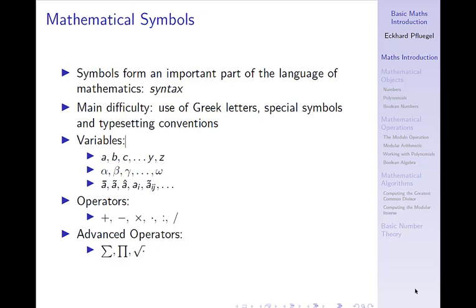And I think that the main problem is that not only do we use normal letters such as A, B, C, the Latin alphabet, mathematicians also use the Greek alphabet, and they use special symbols, and they have specific typesetting conventions. And if you don't know about them, then it can be quite confusing.